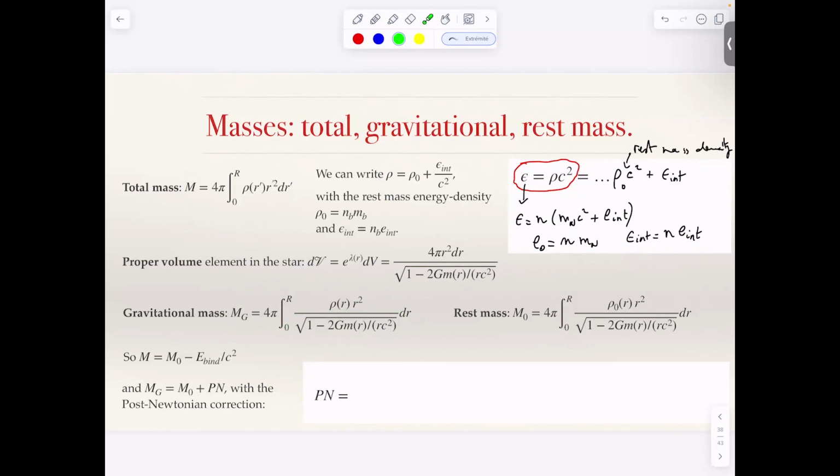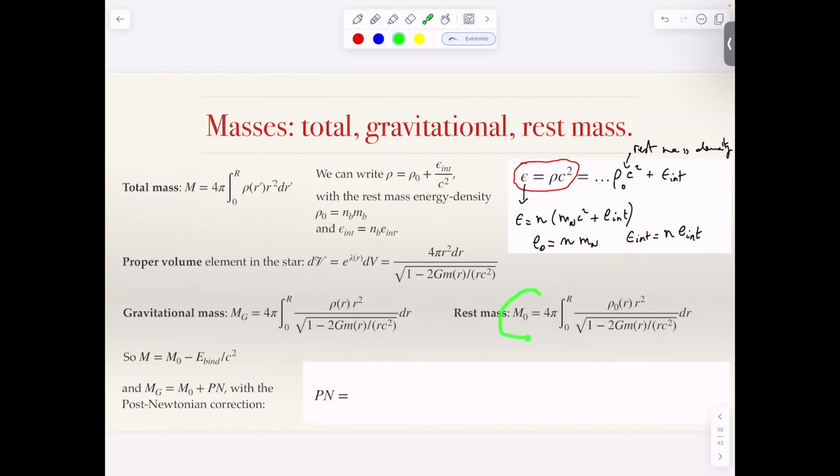I can also say that what I'm interested in is not the contribution of the energy density with the internal energy, but only the rest mass. So what is the rest mass of my star? I apply the same expression as here, but I take only the contribution coming from the rest mass in the energy density.